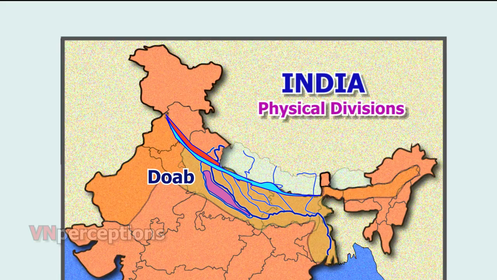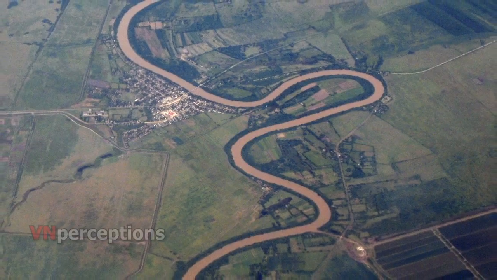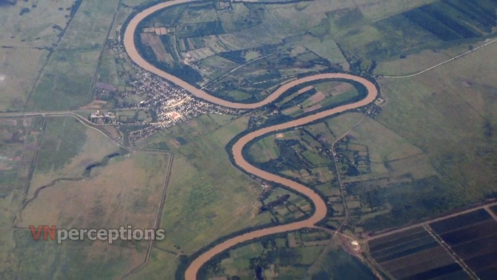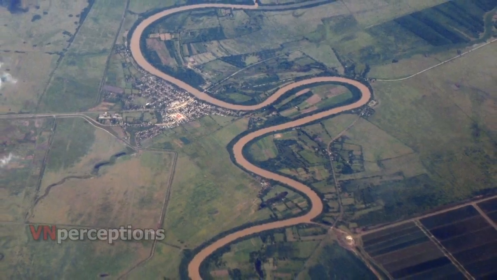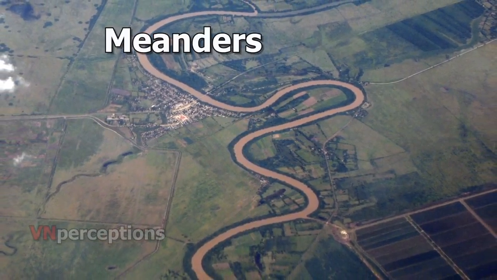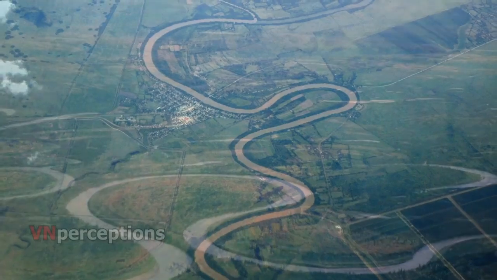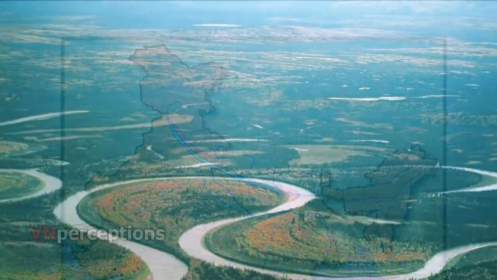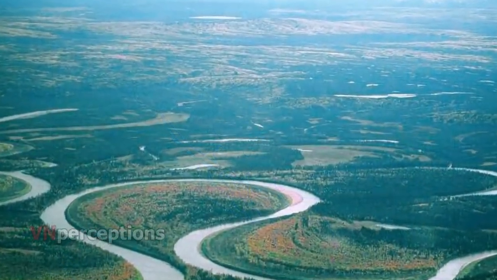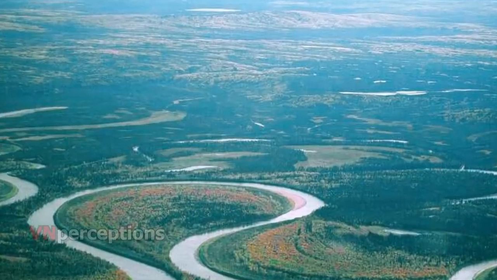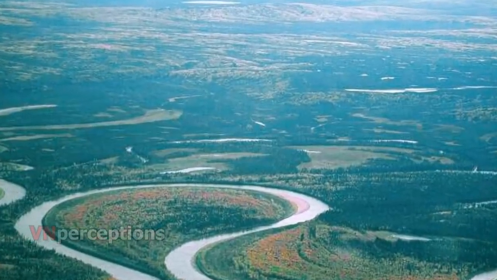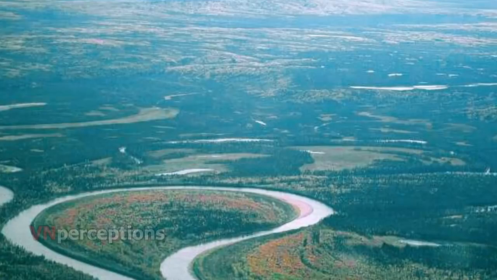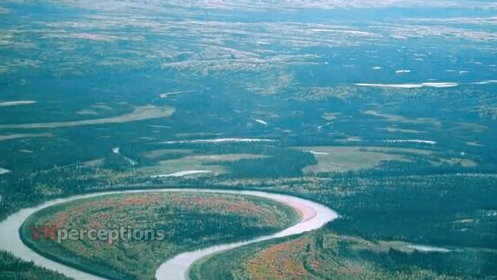Similarly, because of the gentle slope of the North Indian plains, there are regions where the rivers move in a zigzag manner. These are known as meanders. And whenever a part of the river separates, they are known as oxbow lakes. So meanders are in a way responsible for the formation of oxbow lakes.